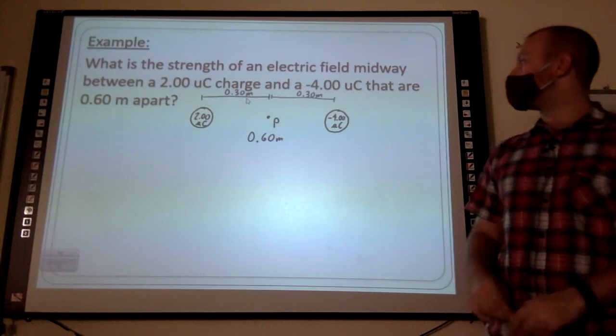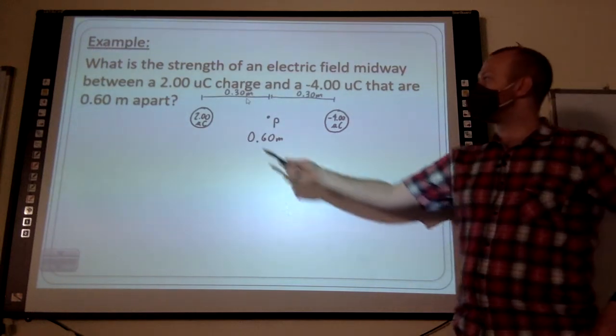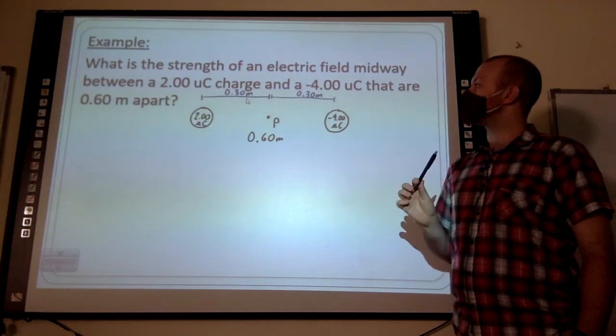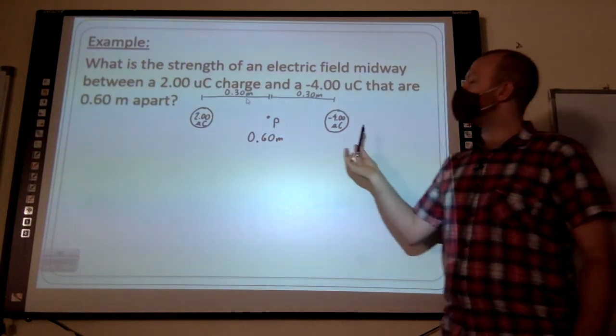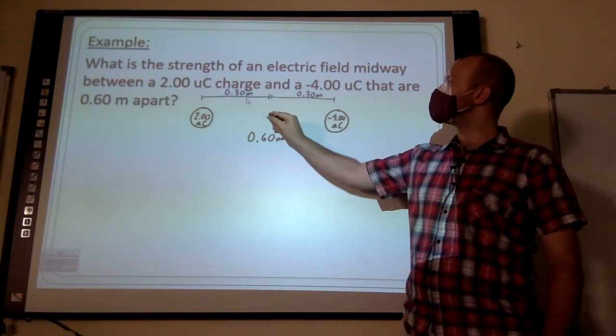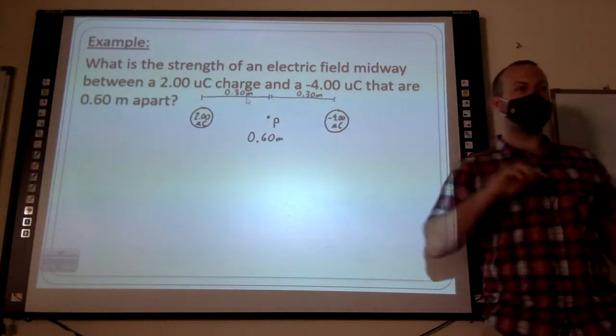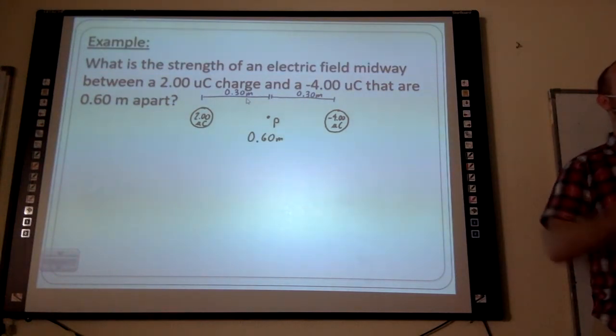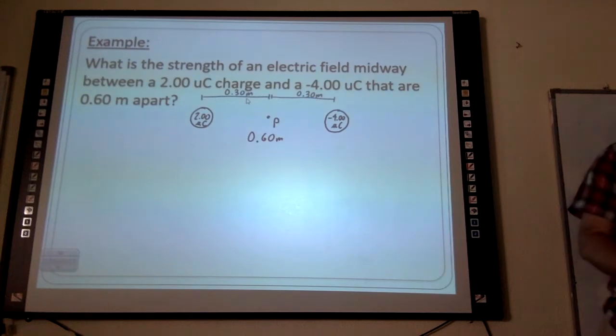So here's what our situation looks like. I've got a 2 microcoulomb charge over here. I've got a negative 4 microcoulomb charge over here. They are 0.6 meters apart. I want to know what is the electric field at point P here in the middle, halfway between them. So 0.3 meters to both sides.